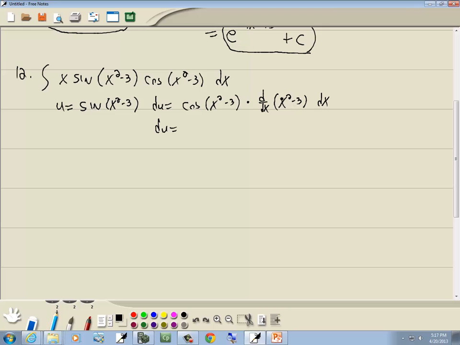Well, the derivative of x squared minus 3 is 2x cosine of x squared minus 3 dx. Well, we have the cosine, we have the dx, we have the x, but we don't have a 2. Well, that's easy enough. We'll put a 1/2 out in front and put a 2 inside.